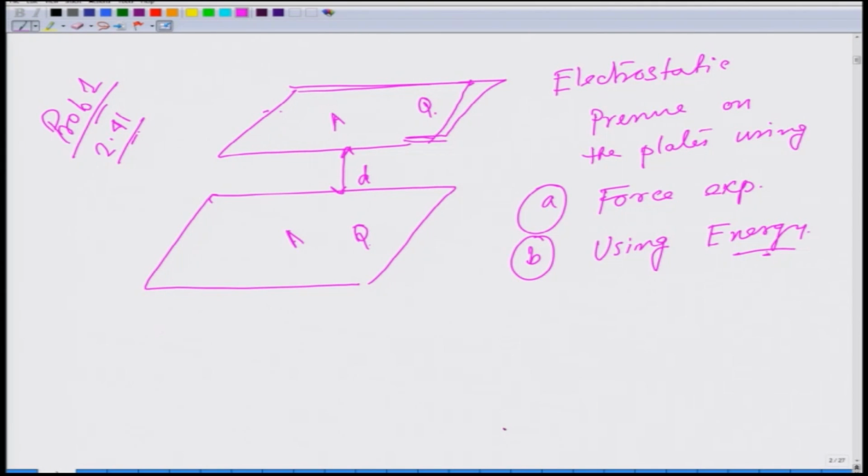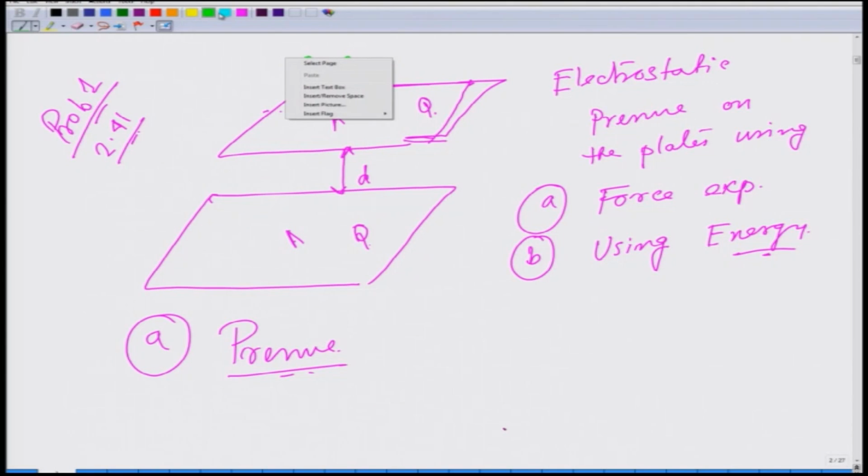So first you will be solving this problem by using sigma, and you already know that the electric field from this plate is like this because it is given a plus Q charge.